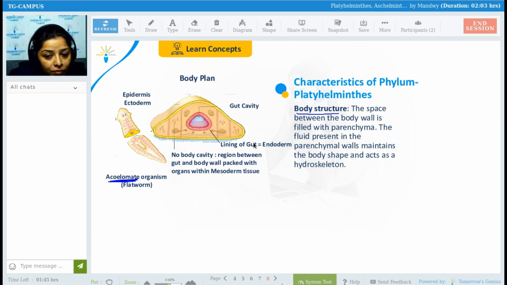Are you getting me? The parenchyma has a network-like structure, the mesh. Parenchyma network. Okay, they make a skeleton.